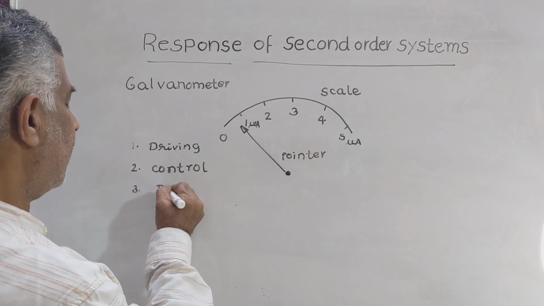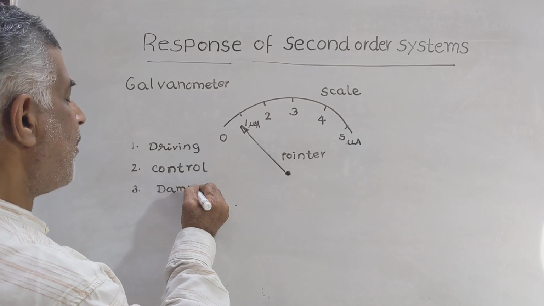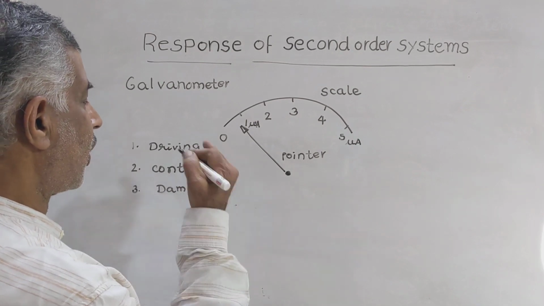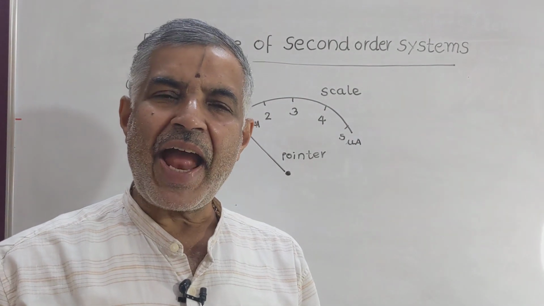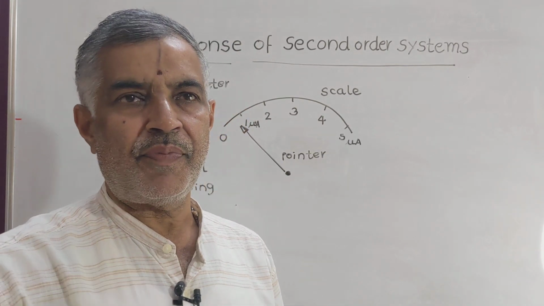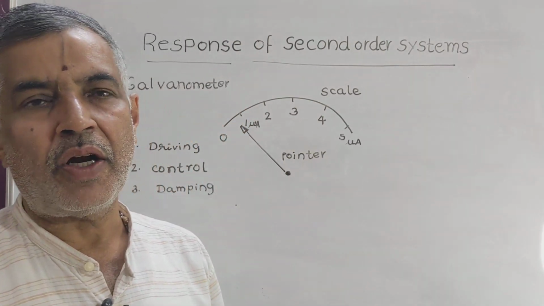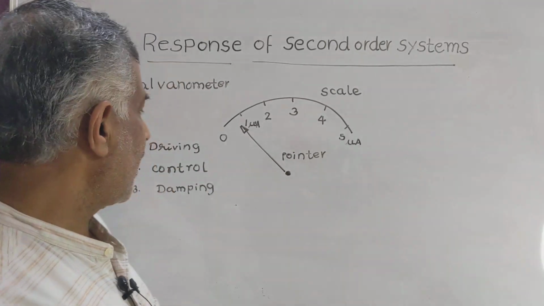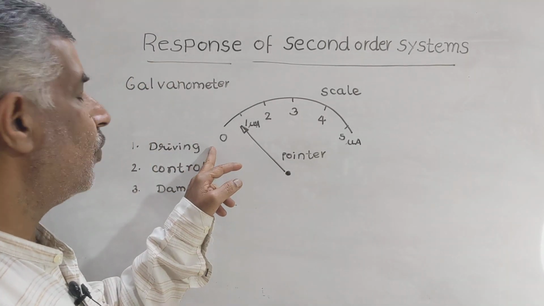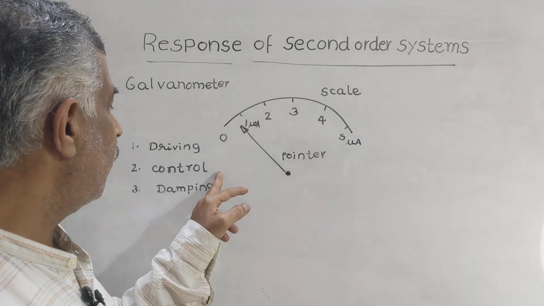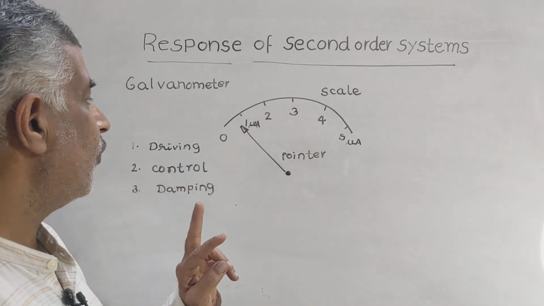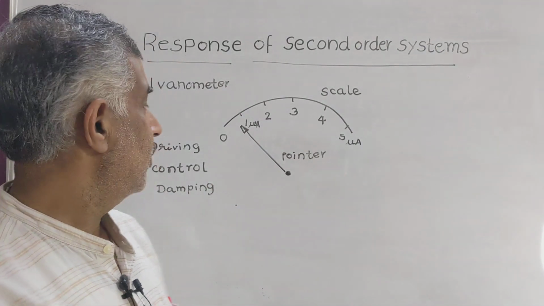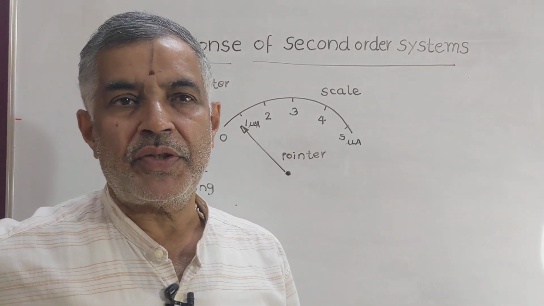And number three, what is known as damping force or damping torque. If a force acts at a distance from the axis of rotation, it is going to be called as torque. So three types of torques act on the system: driving force or driving torque, control force or control torque, damping force or damping torque.